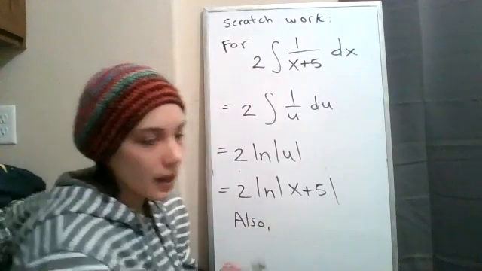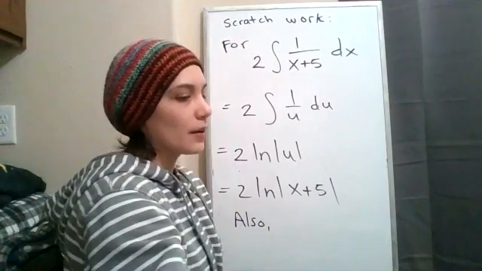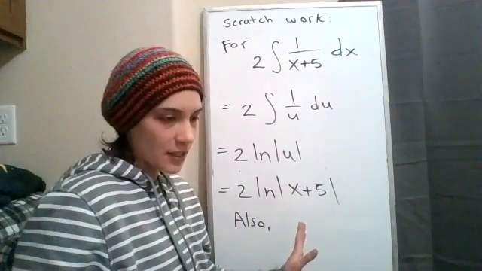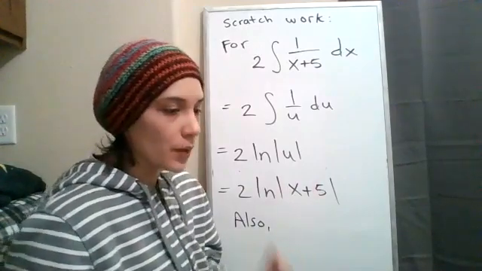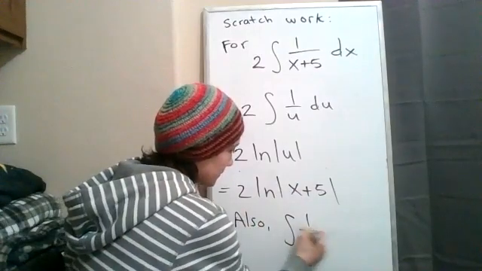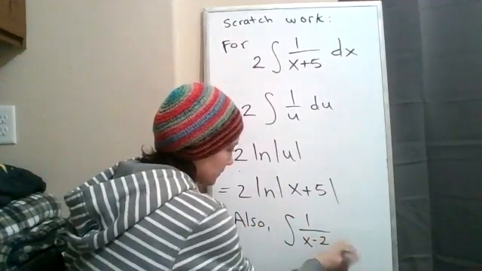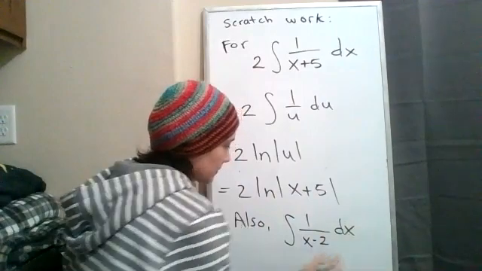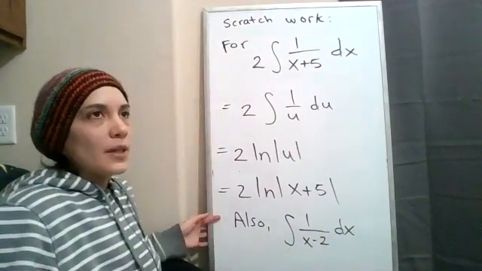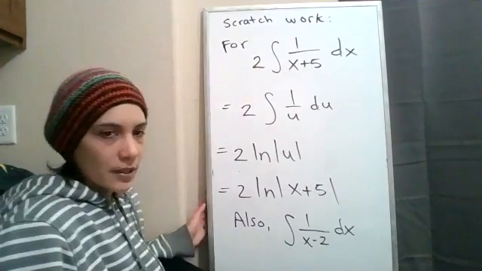is the integral of, we're just going to have that subtraction sign sit there and take the integral of 1 over x minus 2 dx. So it needs some kind of substitution.